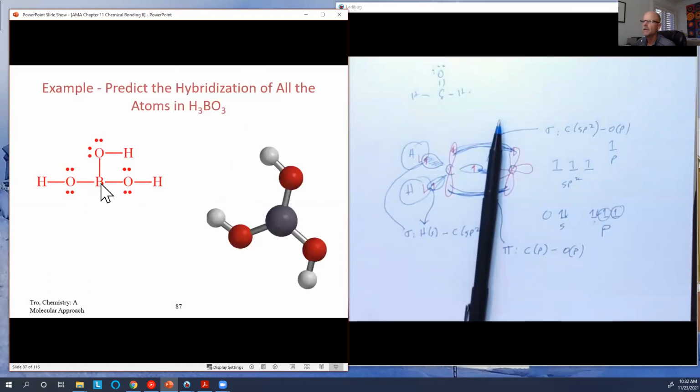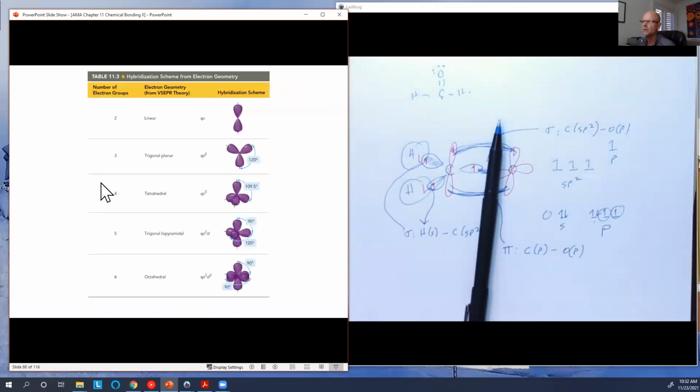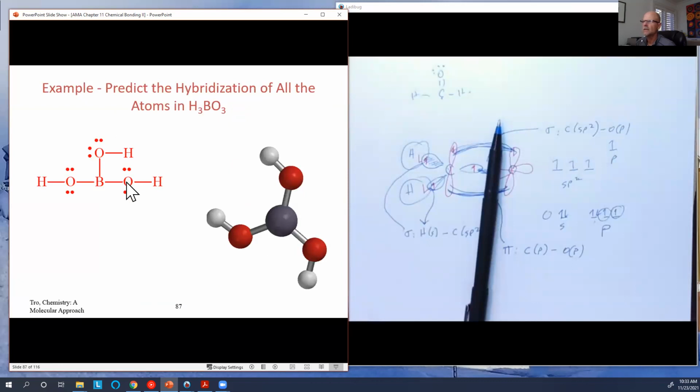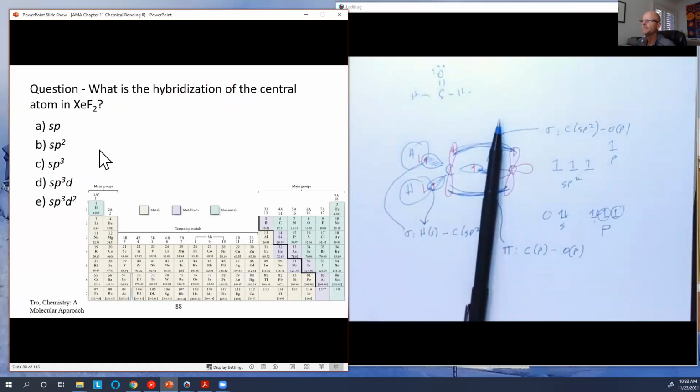Okay. This boron, how many electron groups? 1, 2, 3. What's the electron geometry? Trigonal planar. So we go back and we go, aha, 3 electron groups, trigonal planar. That's going to be sp2. All right. We go to this oxygen here, same as that one, 4 electron groups. So that's going to be sp3. This oxygen, 4 electron groups, it's going to be sp3 as well.